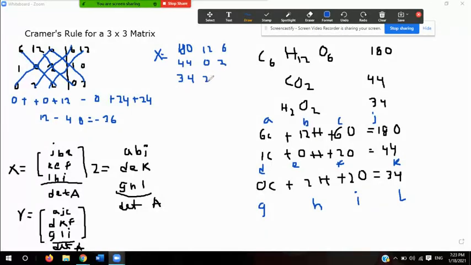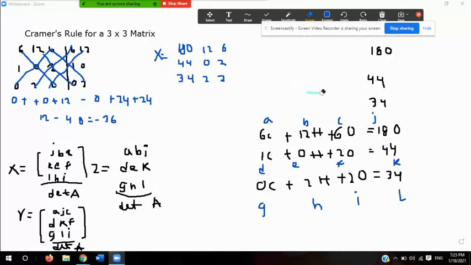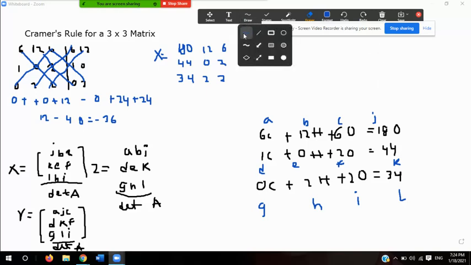Let me erase this here so I can have the extra space. You can always pause and rewind just in case you miss something. And now let's write the other two columns.